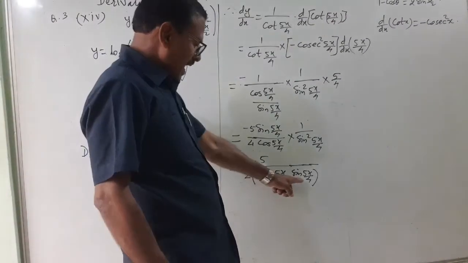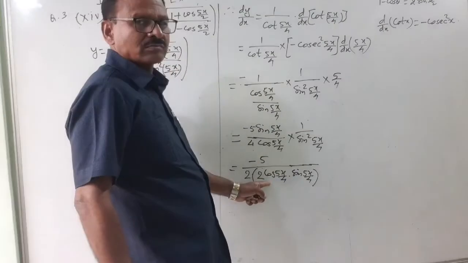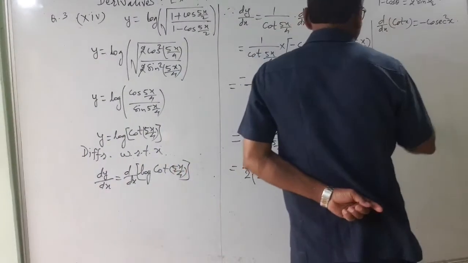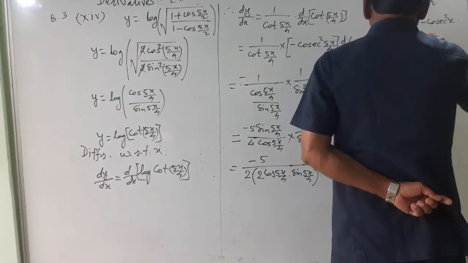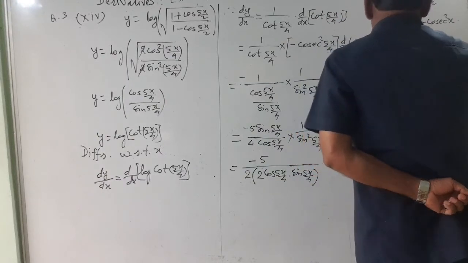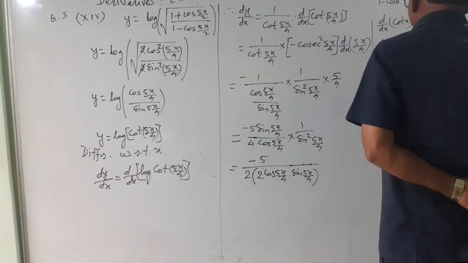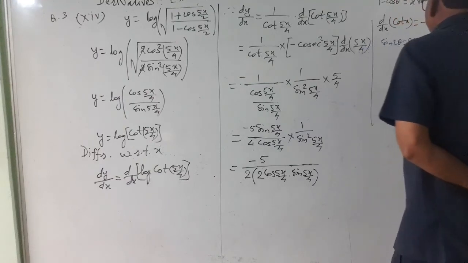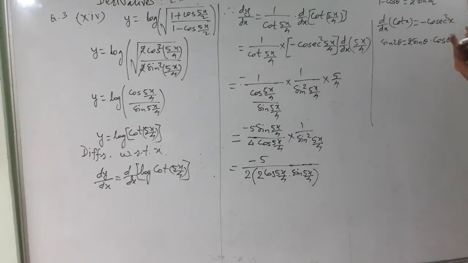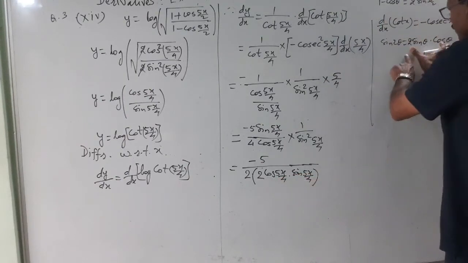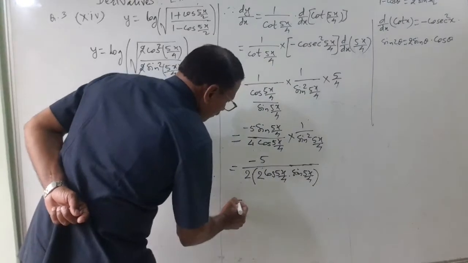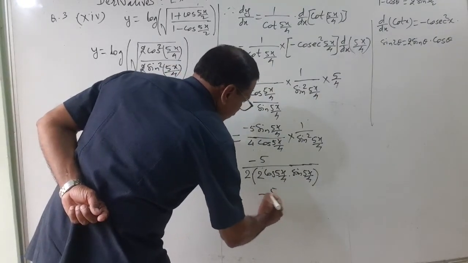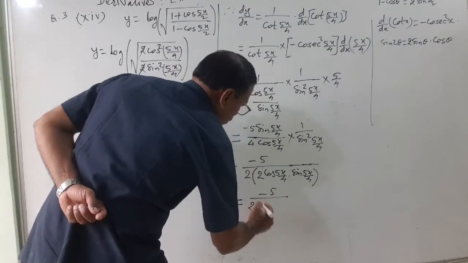Sine 2 theta is equal to 2 sine theta into cos theta, or sine theta is equal to 2 sine theta by 2 into cos of theta by 2. This term I have got. So this should be double of sine. So this is equal to minus 5 upon 2.